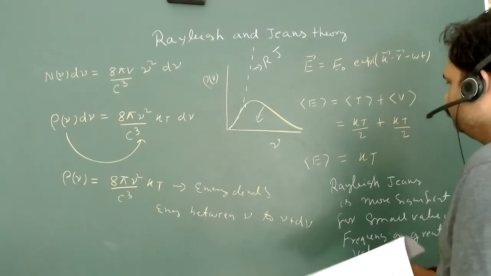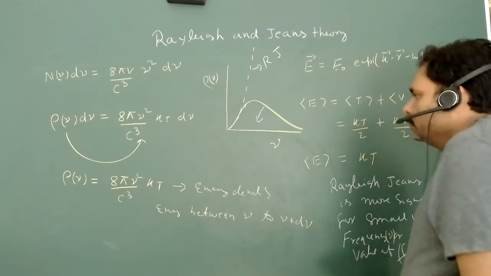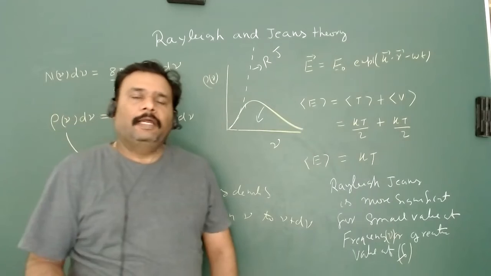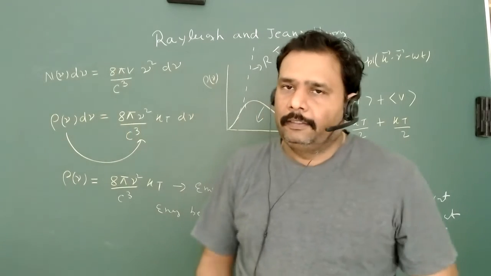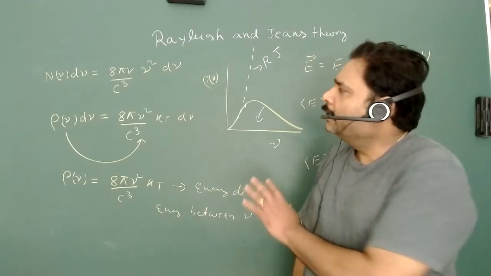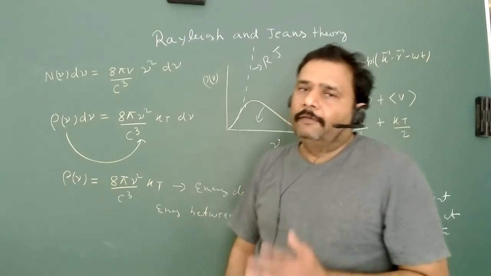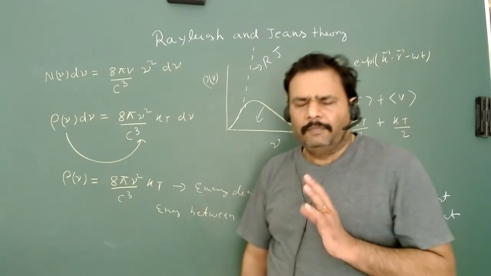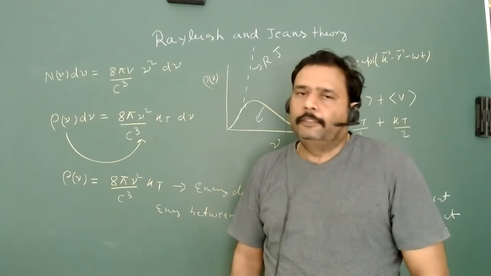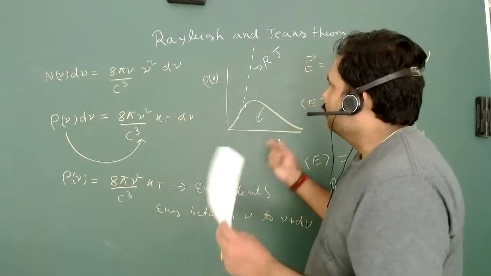This is frequency, this is lambda. So this is one beautiful attempt to understand black body radiation. This is a really nice theory, but it is not applicable for higher values of frequency. Up to the lower limit of frequency, this classical theory is well defined. So this is a wonderful explanation.